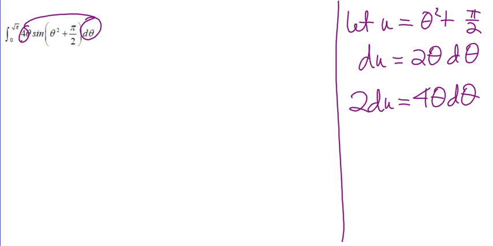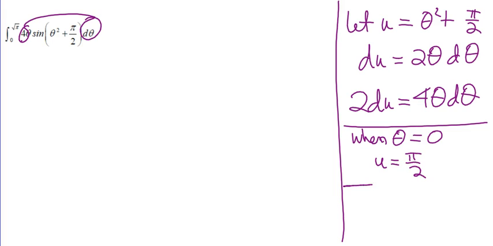Now we have to do the balance of integration, right? So we got to do the 0 to root pi. When theta equals 0, what's u? Pi over 2. Right?